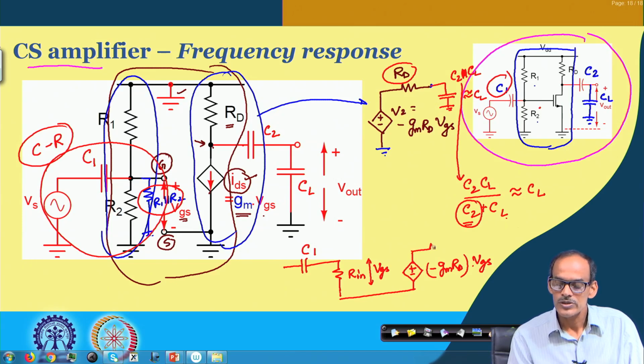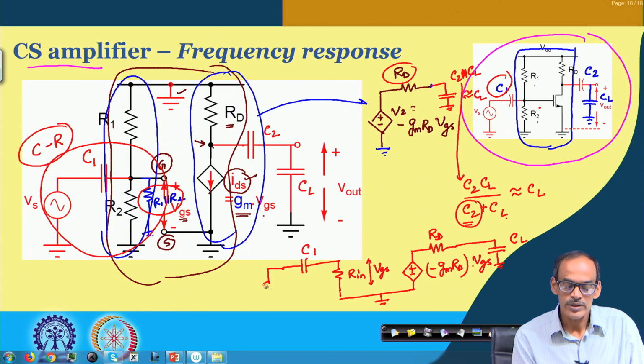It also has the Thevenin equivalent resistance RD, and then we do have the output capacitance approximately the same as CL, and at the input we are giving the stimulus.